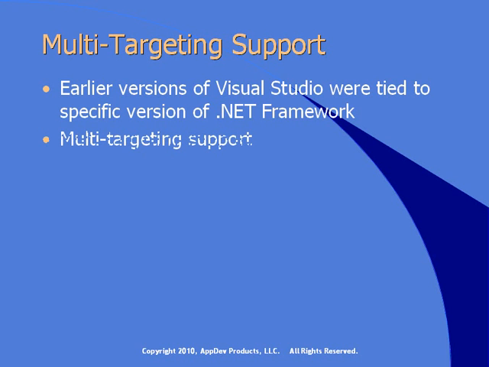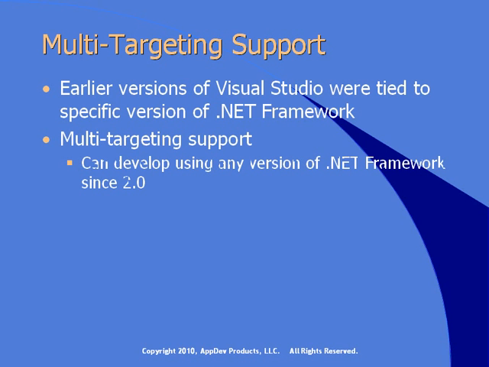But the nice thing is that you can open older projects in Visual Studio and continue to work on them using the tools in Visual Studio even though you're compiling against an earlier version of the .NET Framework. This means that you can develop applications using any version of the .NET Framework since 2.0.